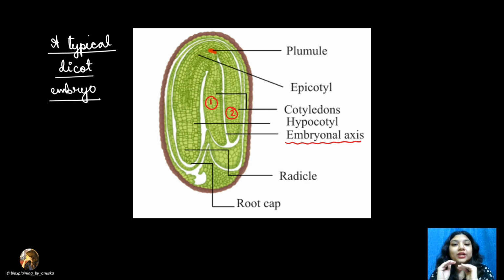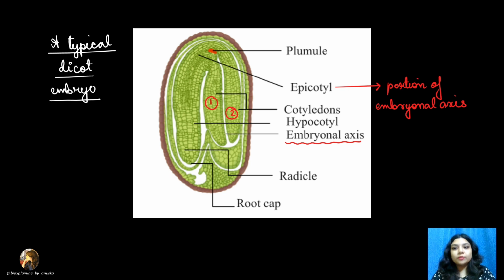Now, if you notice very carefully into the diagram, you'll see that the portion of this embryonal axis above the cotyledons, that is termed as the epicotyle. Okay, so these are the cotyledons, right? This 1 and 2. So this region that is above the cotyledon, this is termed as what?